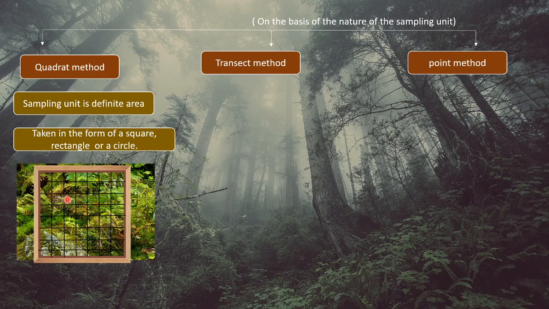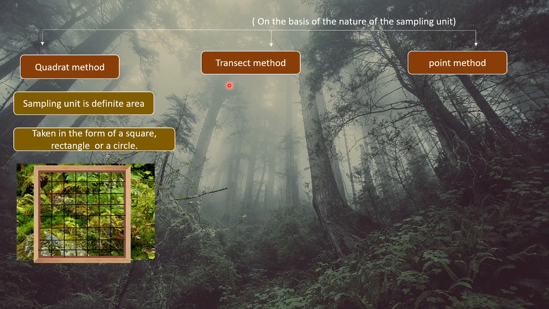We will understand the Quadrat method in a bit more detail, but this is just an overview, that here area is used as a sampling unit, and the area could be square, rectangle or circle, and this is actually a quadrat that is used. I think you might already know what a Quadrat method is, but we will have a little more understanding about this.